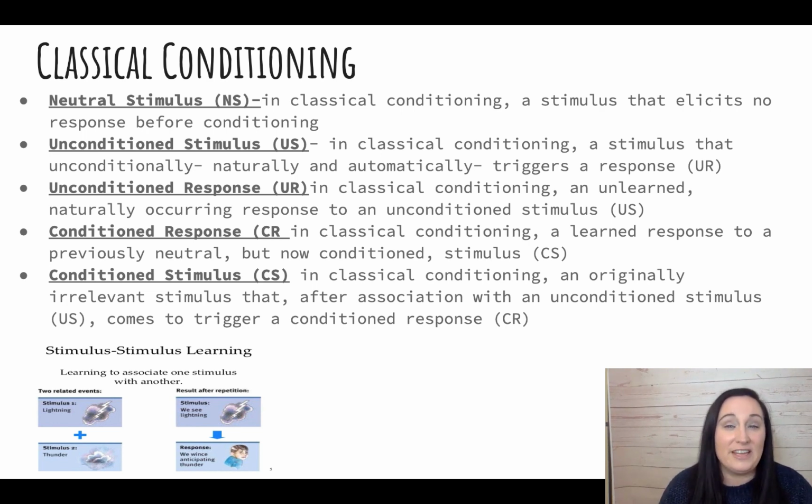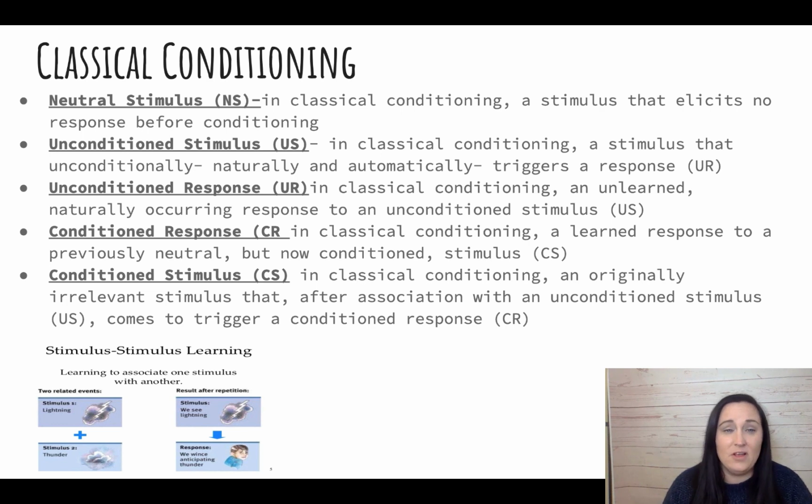Now, the thing that does cause the fear, the loud thunder sound, that would be an unconditioned stimulus. And unconditioned, just think unlearned. Unconditioned, unlearned, meaning natural. It is a natural thing that produces a natural reaction.